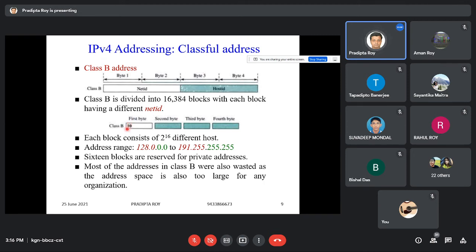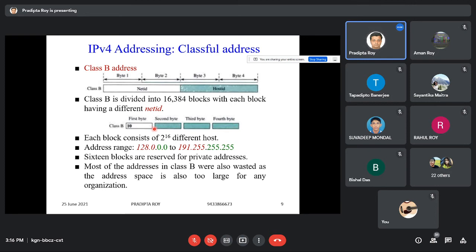We cannot change these values, because these 2 values quickly identify the class B address. So if the rest 30 bits are filled up with all ones, then what value will we get? Let's calculate. For the first byte, 10, then 6 ones are there.